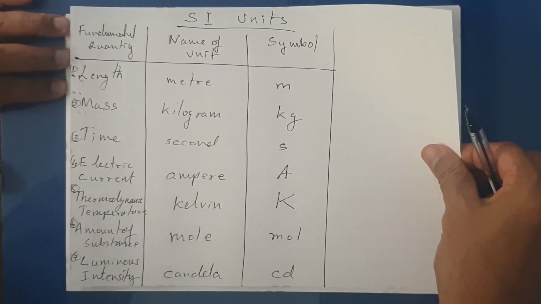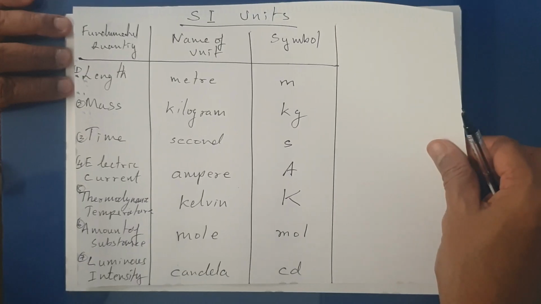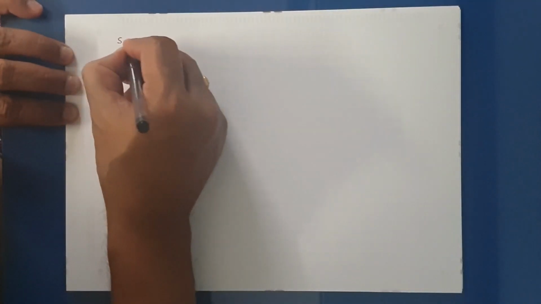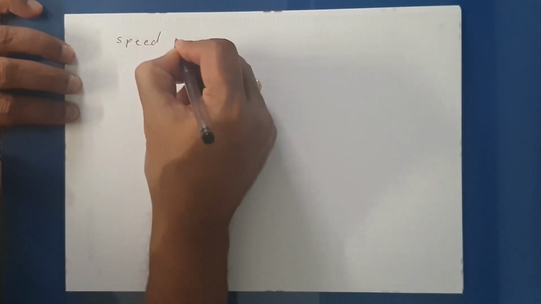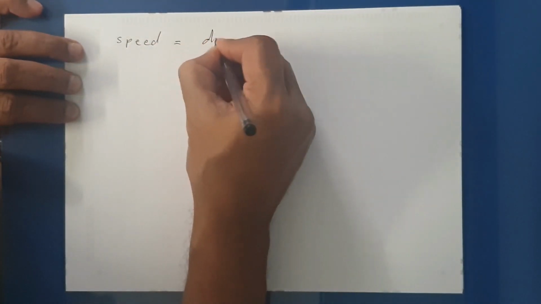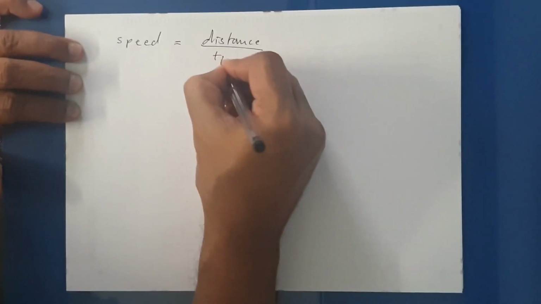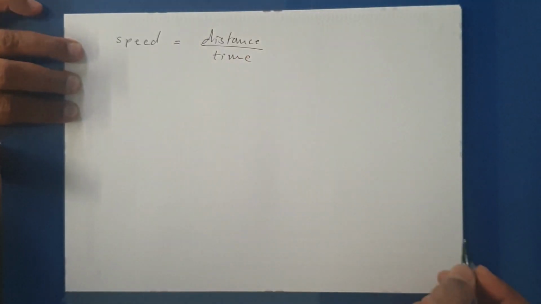Now we have a very large number of other physical quantities which are derived from these fundamental quantities. They are called derived physical quantities. An example of a derived physical quantity is speed. Speed, we know, is distance traveled upon time taken.